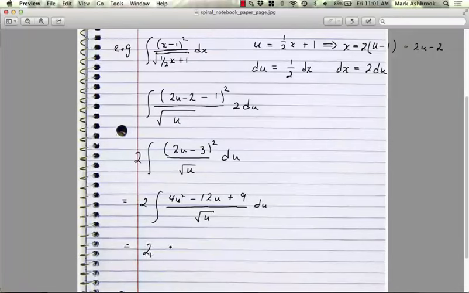So what will it be, Tyler? 4u to the 1.5, since this is u squared over u to the 1/2, minus 12 u to the 1/2, and then 9 over the square root. If you want to use fractions or decimals, 3 halves, 1/2, negative 1/2.